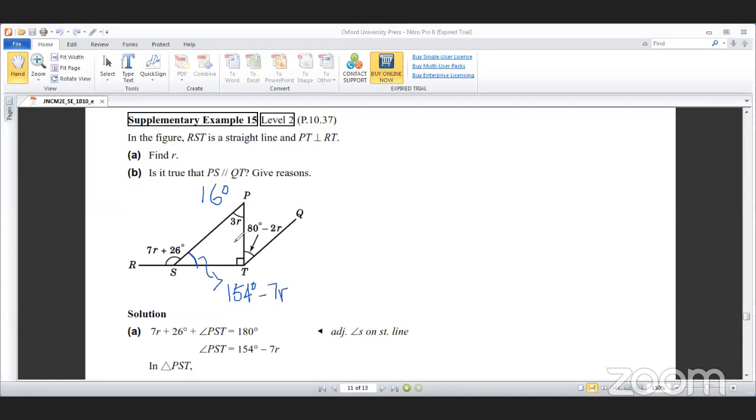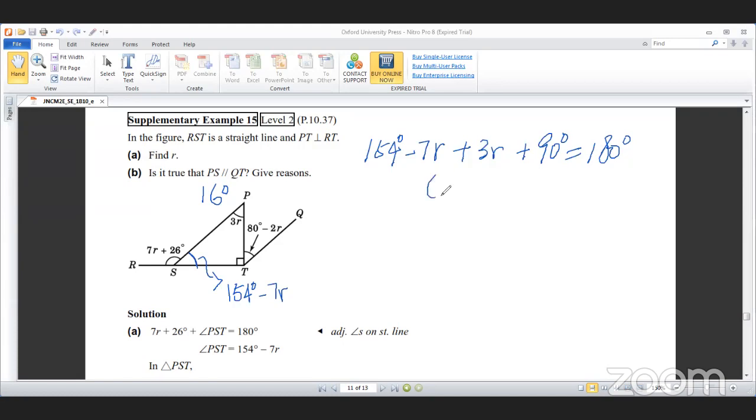Therefore we have all these three angles together: 154 minus 7R degrees, plus 3R, plus 90 degrees, which is 180 degrees.